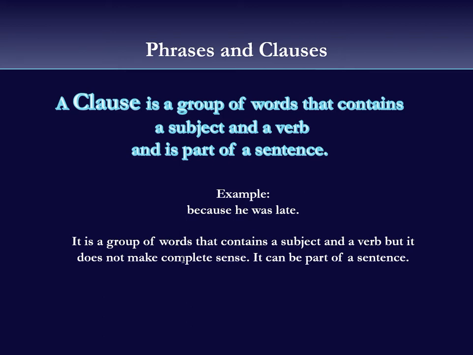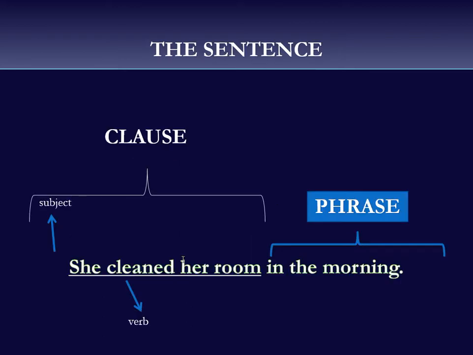So now we can understand the difference between a clause and a phrase. A clause and phrase can both be part of a sentence. Like here in this example, she cleaned her room in the morning. She cleaned her room is a clause because this part has a subject, she, and cleaned is a verb.